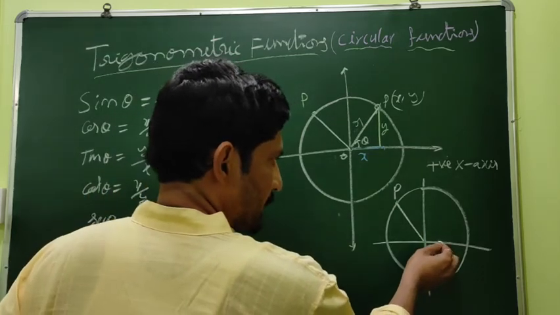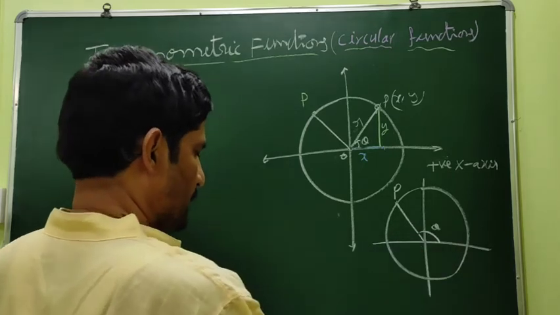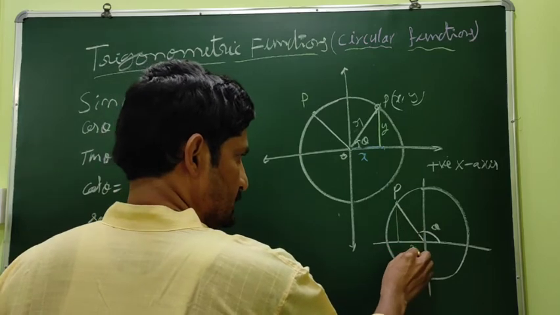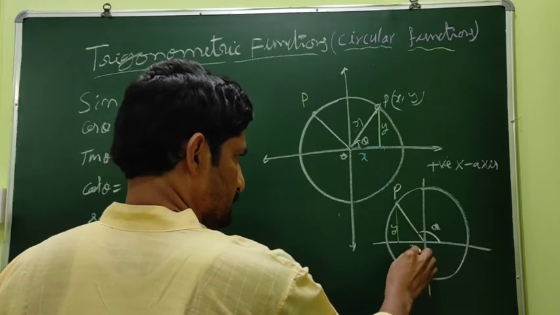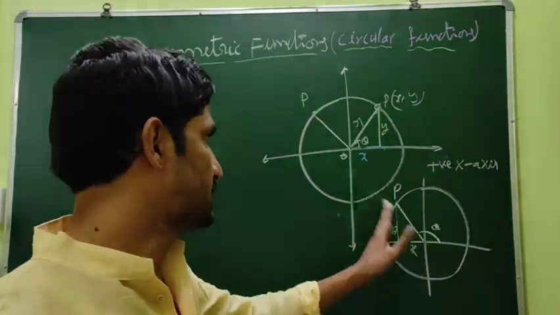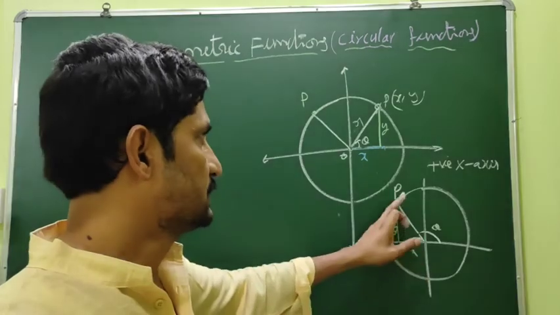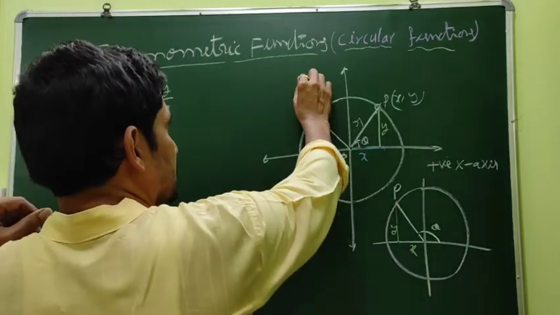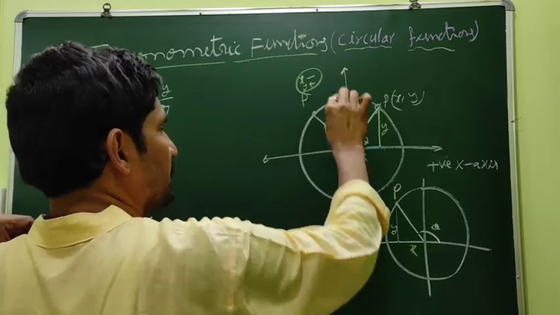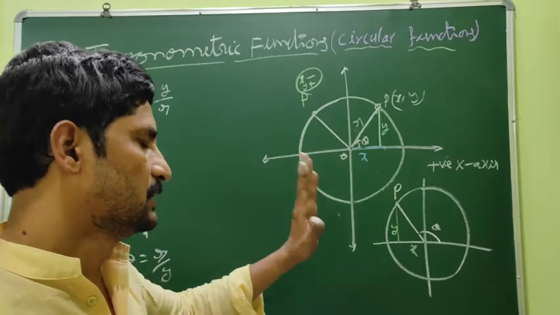From the x positive axis to this is angle theta. Now draw here. It is x, it is y. Actually this is the negative axis, but y is positive. In the second quadrant, x is negative, y is positive.